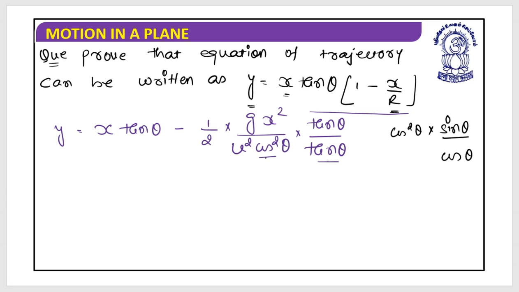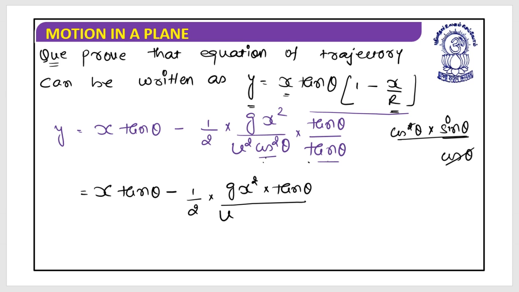So cos square theta into tan theta gives one cos theta gone, and the term remaining is cos theta sin theta. So the relation looks like x tan theta minus half g x square tan theta divided by u square cos square theta tan theta, which becomes cos theta into sin theta.